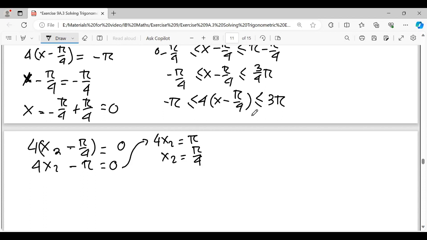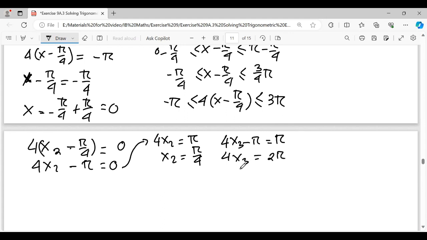Next for x3, 4x3 minus pi equals pi, 4x3 equals 2 pi. So x3 equals half pi because 2 over 4.